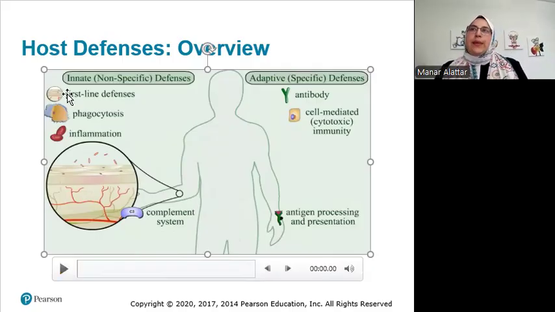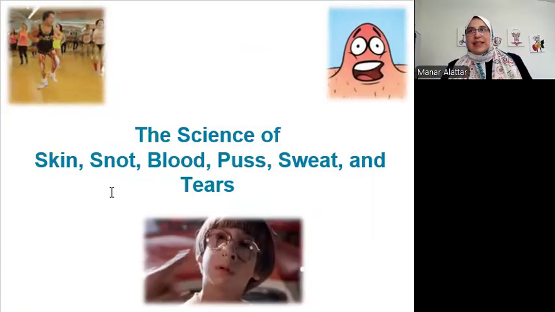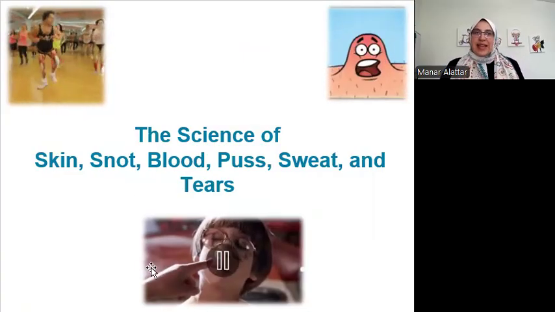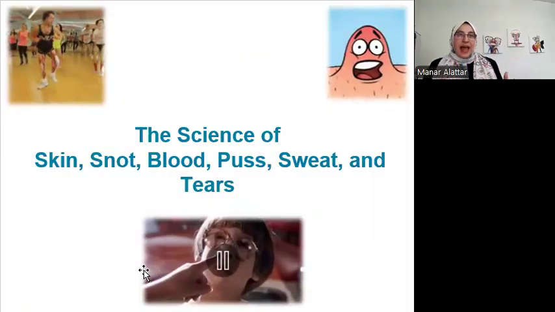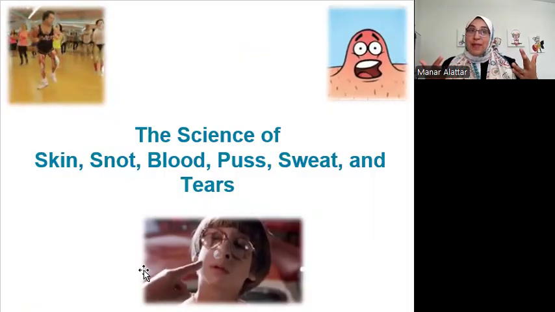So, in a way, we can call these first couple of lines of defense that our body has that provide a barrier and clearance the science of skin, sweat, snot, blood, pus, and tears. And that's exactly where those first couple of lines of defense are coming from.